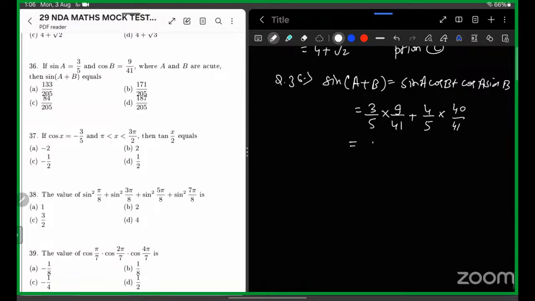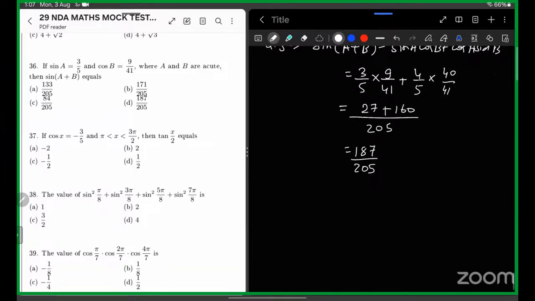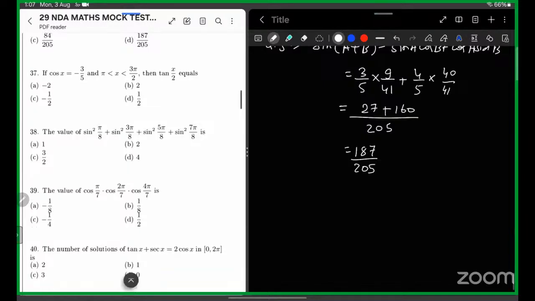So it is equal to 27 plus 160 upon 205. So I'm going to get here 187 by 205. 36 done. This is option number D.